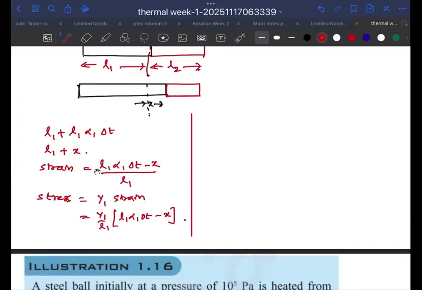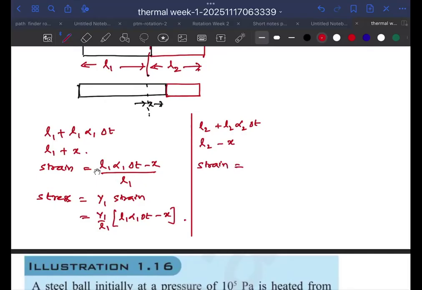Similarly, there, what happens? It was supposed to be L2 plus L2 alpha 2 delta t. What is happening now? L2 minus x. What is the strain now?